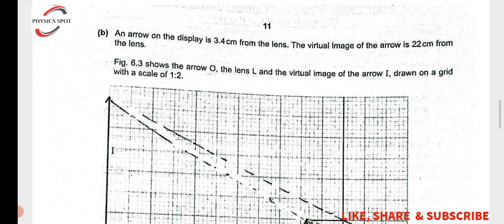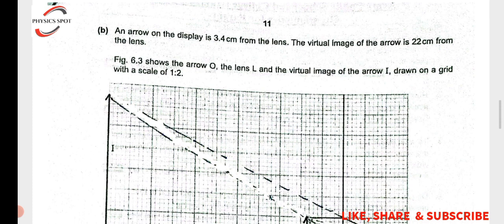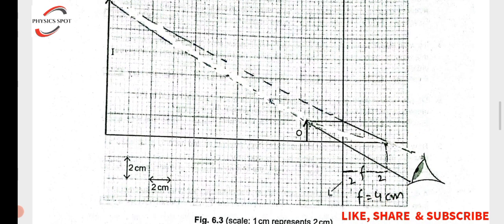Okay. An arrow on the display is 3.4 centimeter from the lens. The virtual image of the arrow is 22 centimeter from the lens. Figure 6.3 shows the arrow O and the lens L. The virtual image of the arrow I is drawn on the grid with the scale. Okay.